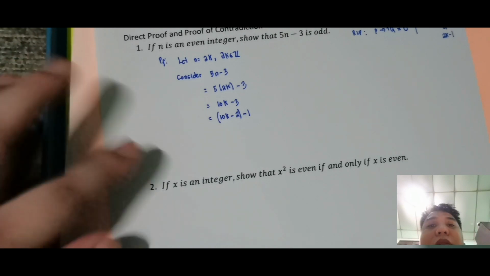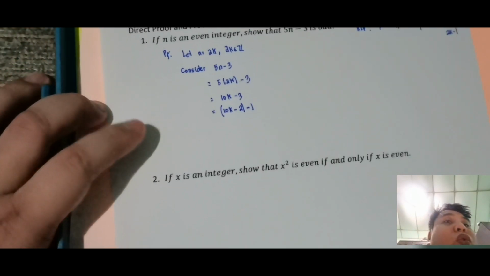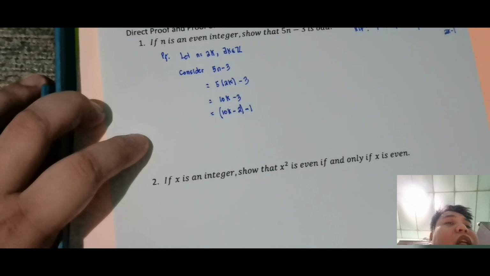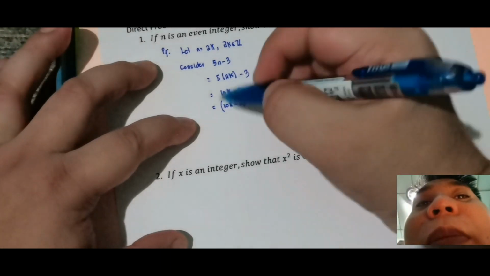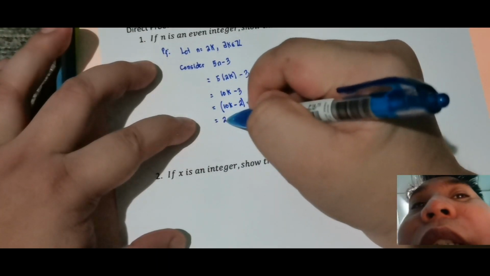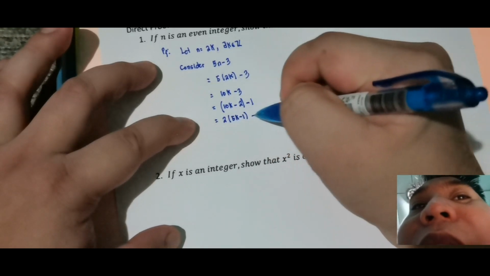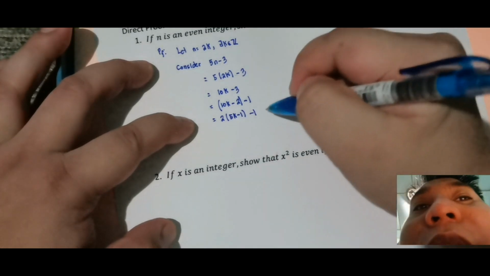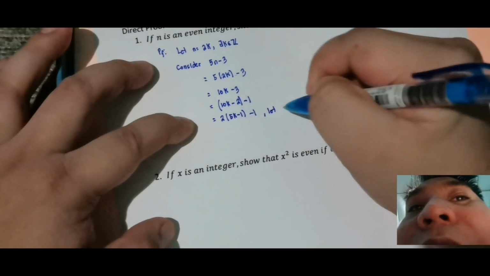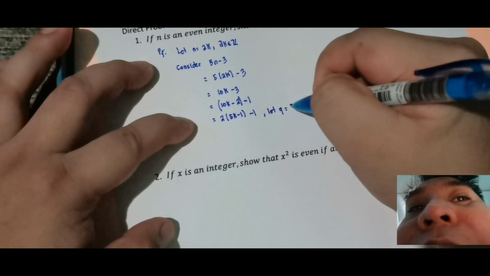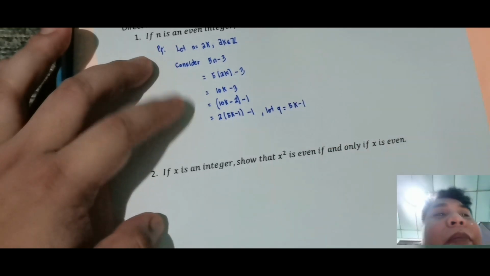Okay, so wala akong ibang ginagawa. Ngayon, mula doon, magfa-factor ako ng 2 sa 10k - 2. That is 2 times (5k - 1), minus 1. Then let natin na q = 5k - 1. Sir, bakit ka nag-let?